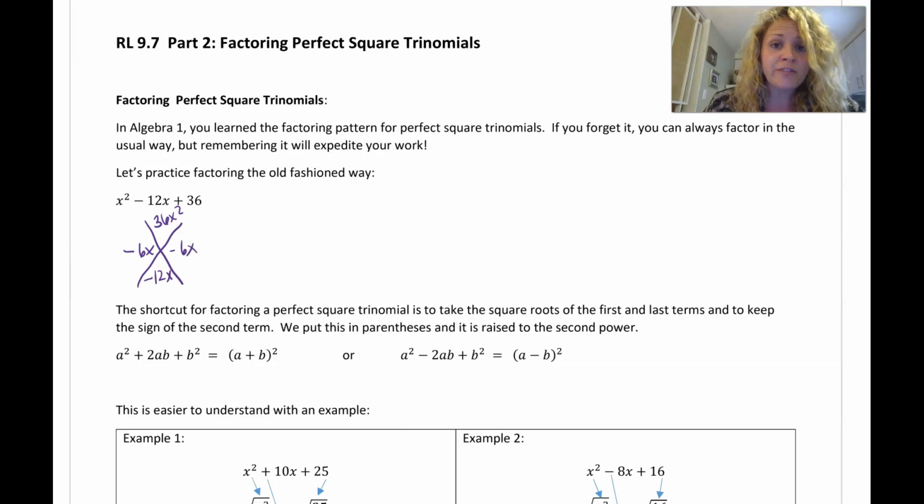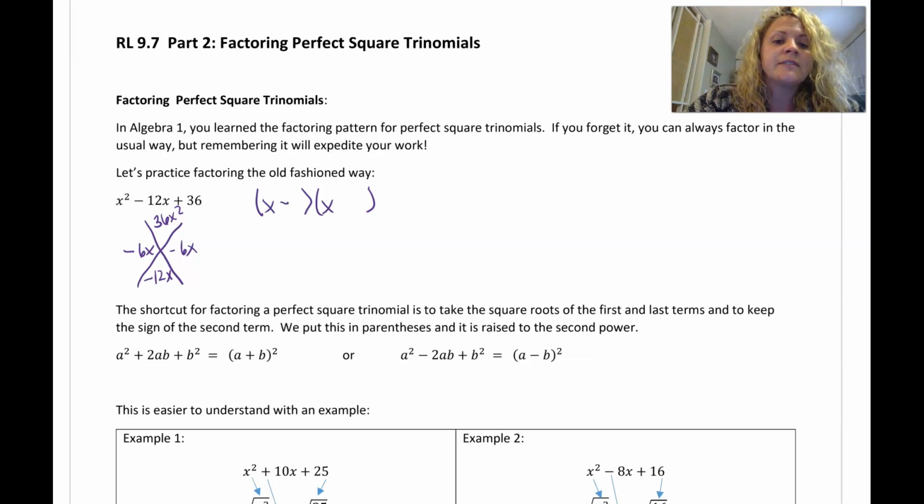Because our coefficient of the quadratic term is 1, in other words, we just have an x squared, we don't have like a 5x squared, we don't have to go through the long steps of factoring by grouping. I know that when I factor this into two binomials, the first terms of each binomial have to make x squared, so those each have to be x. And then I know that the inner and outer terms have to add to negative 12x, and the last terms have to multiply to positive 36.